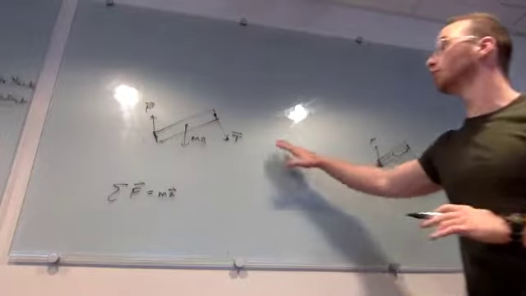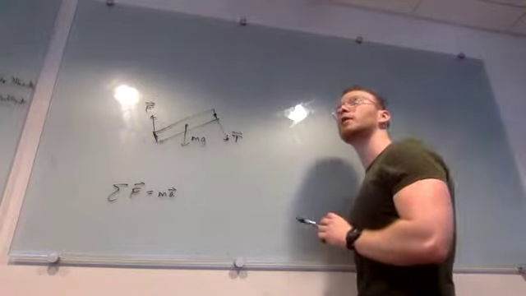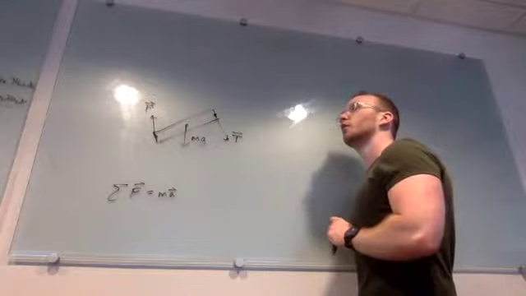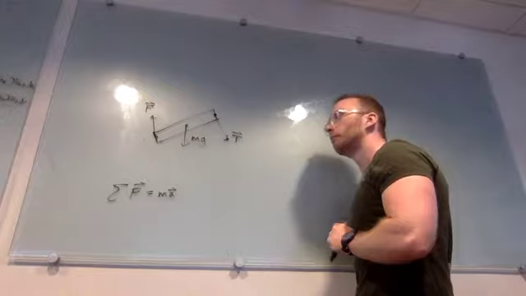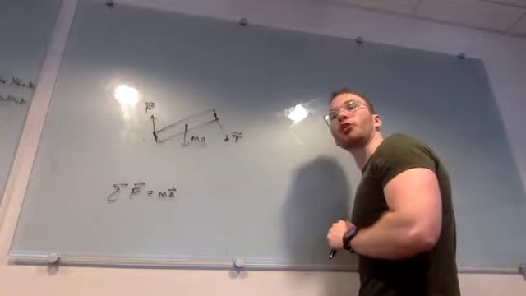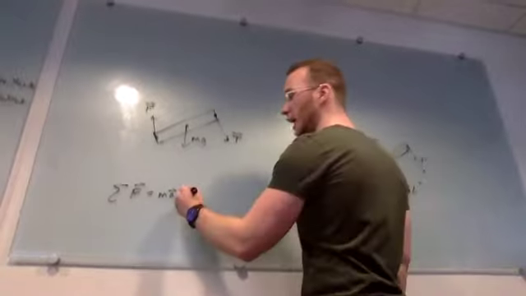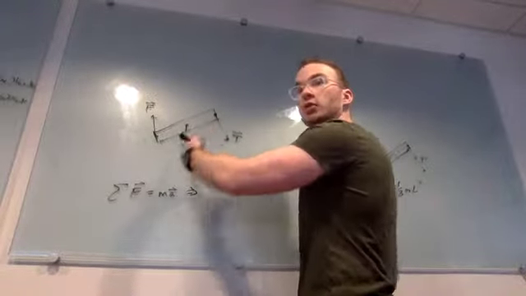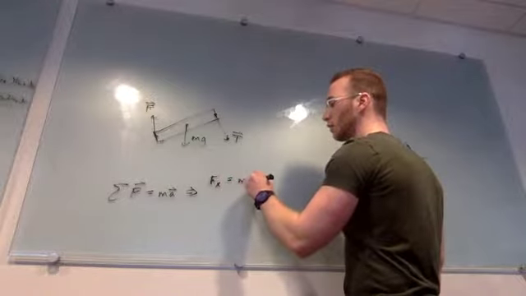So the point is that most of these problems we've been doing, we have two dimensions and we're breaking it into vertical and horizontal forces. This time we have 3 dimensions. So the first thing we usually do when we draw a free body diagram is write it like this, right?